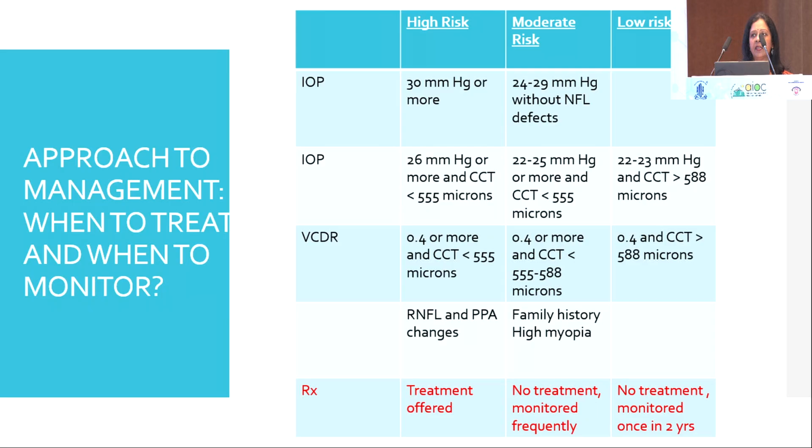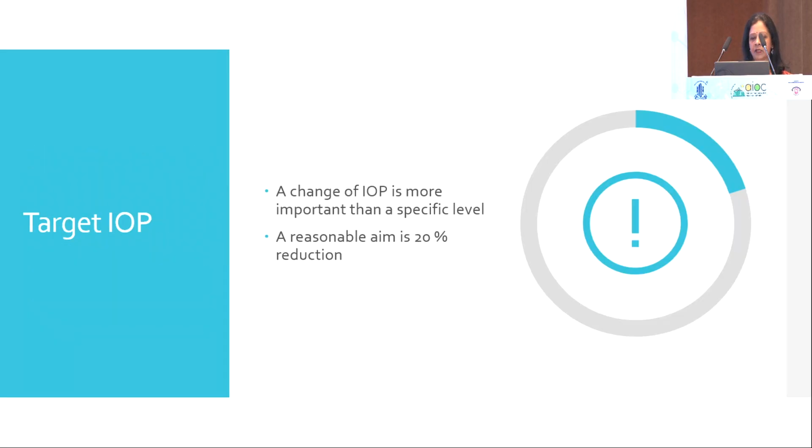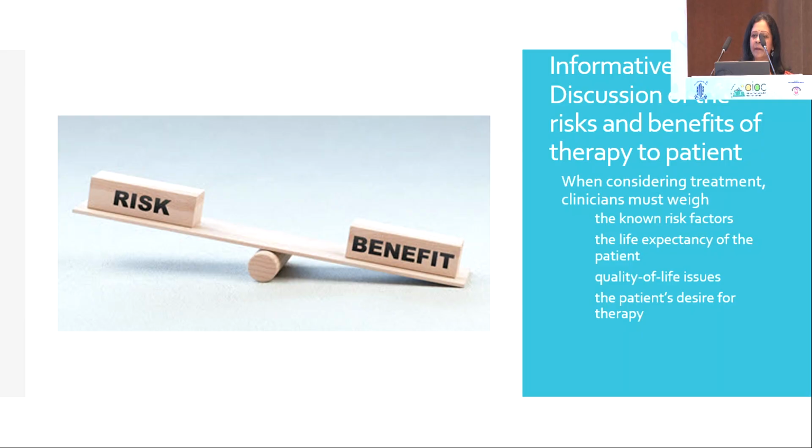And if you see progression, then you can treat. In the low risk group, when the pressure is borderline 22 to 23 and CCT is normal or high, or just 0.4 cup, in those cases no treatment is given, and you just have to monitor once in 2 years. The target IOP, when we decide on treatment, a reasonable aim is to have a 20% reduction.